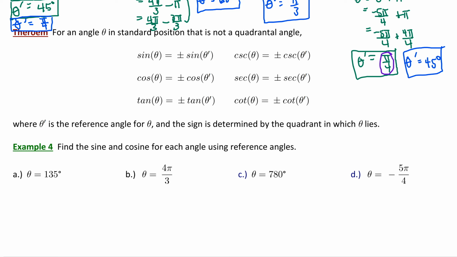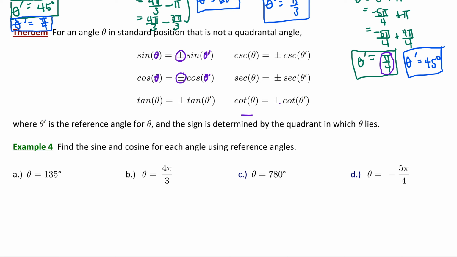So this theorem states that for an angle theta in standard position that is not a quadrantal angle, sine of the original angle theta is equal to sine of theta prime, either the positive or the negative. Okay, it's not equal to both. It's saying that sine of the angle theta is either positive sine of theta prime or negative sine of theta prime. And you're going to see this is true for all 6 of our trigonometric functions.